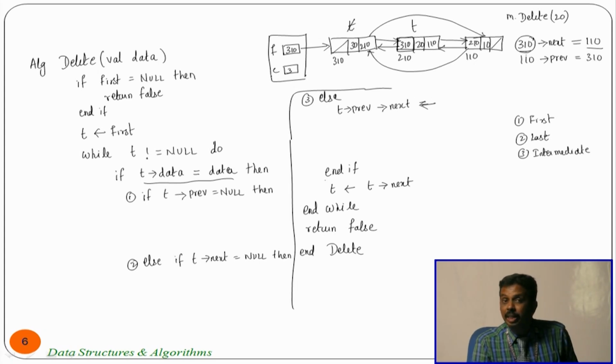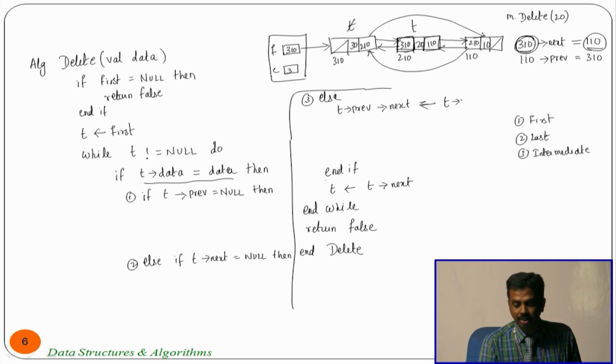So we need to get the 310 information, which is there in t, in the previous field. So t of previous of next is equal to 110. How can we get 110, which is also there in t? That is t of next. Correct.